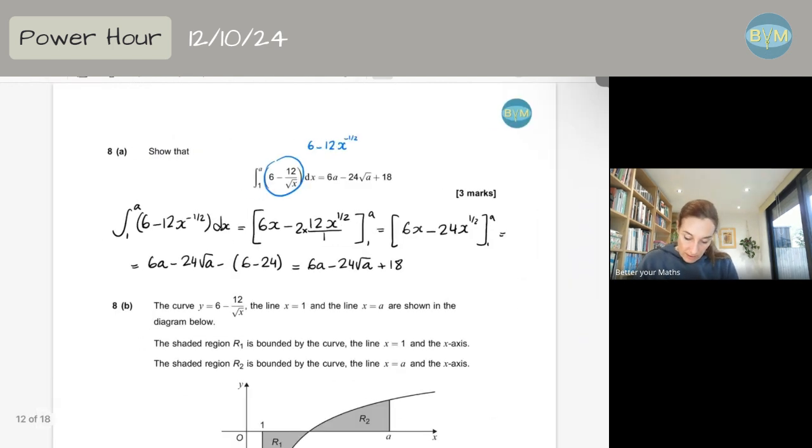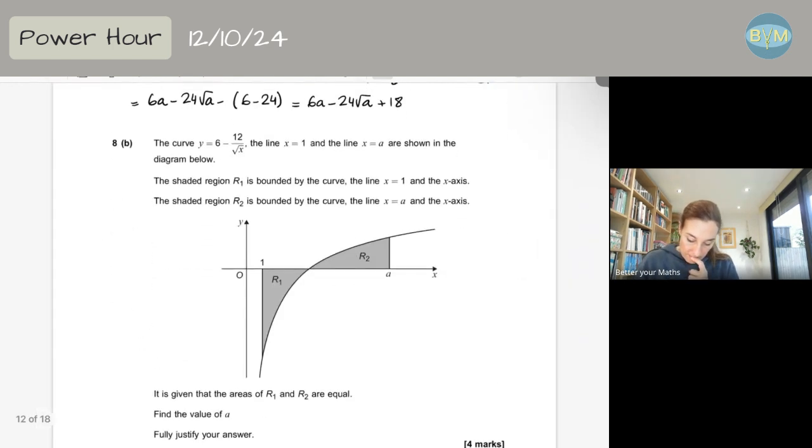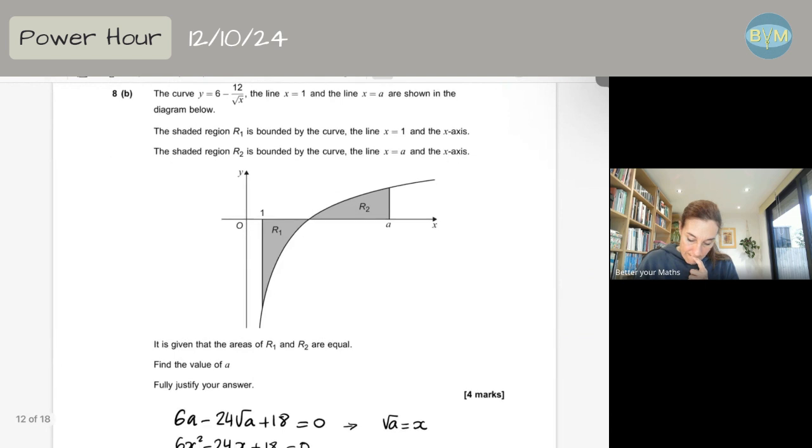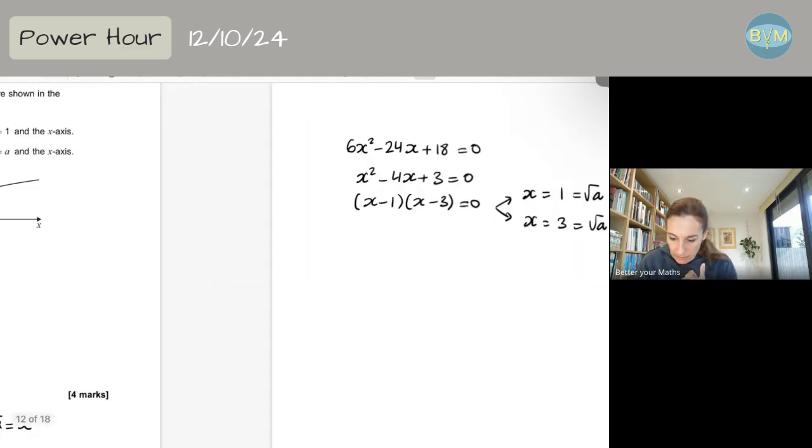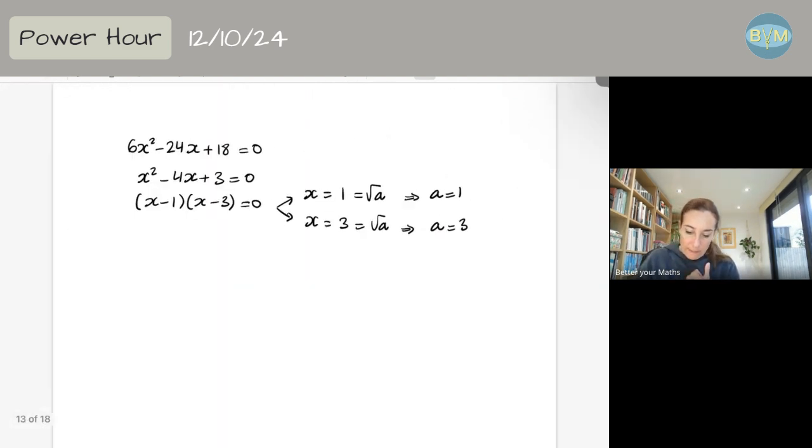Do we have any restriction for a? Find the value of a. So we have that a is 1 or that a is 9. I'm just squaring both sides.